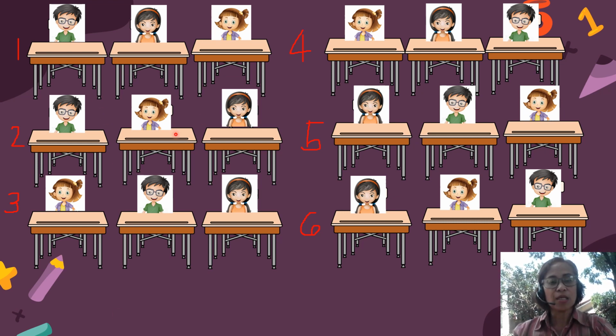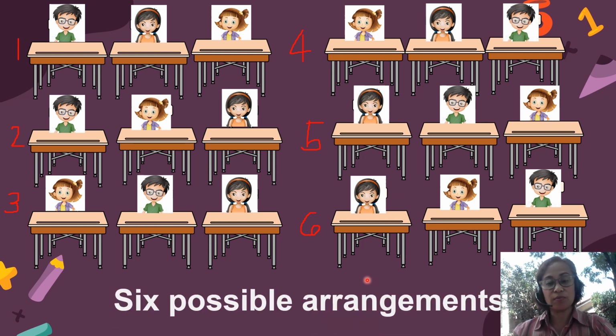Okay. So far, there's no duplication of arrangements. And so far, they're all unique. Okay, so my conclusion is that I can have 6 possible arrangements for my 3 students for this quarter.